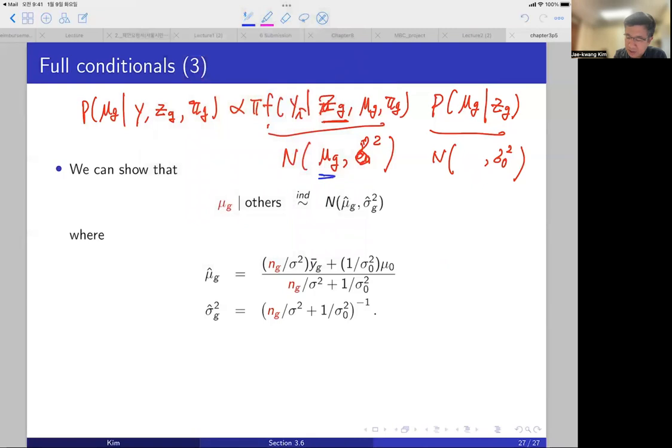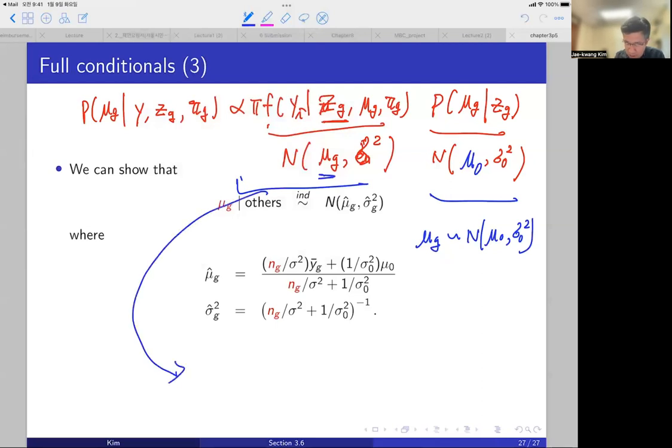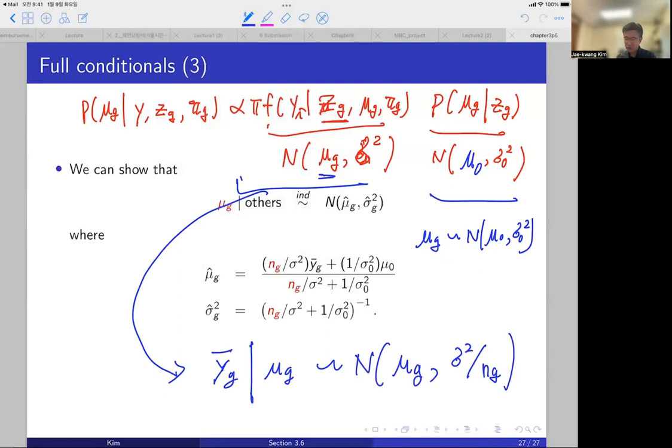So your prior mu g is normal, mu 0 and sigma 0 square, and then here this guy is more like Y bar g, which given mu g follows normal, mu g and sigma square divided by n g.